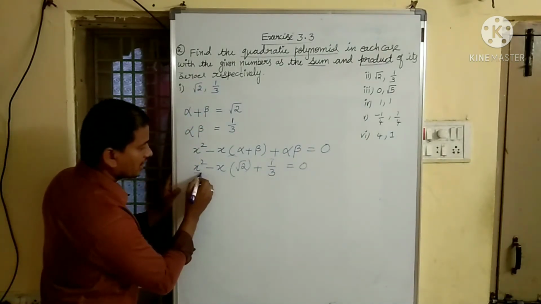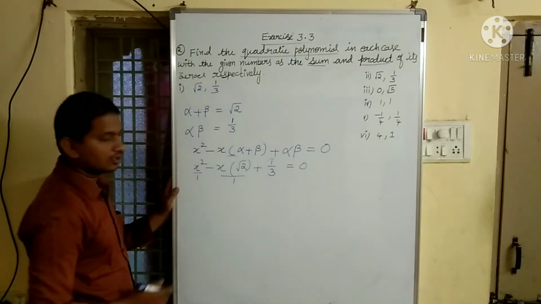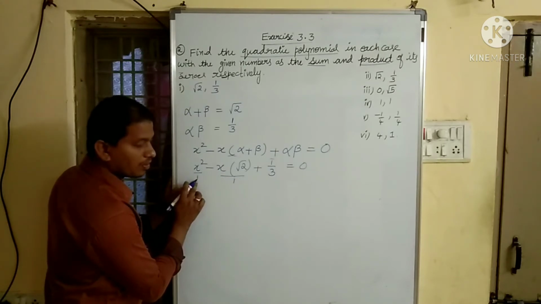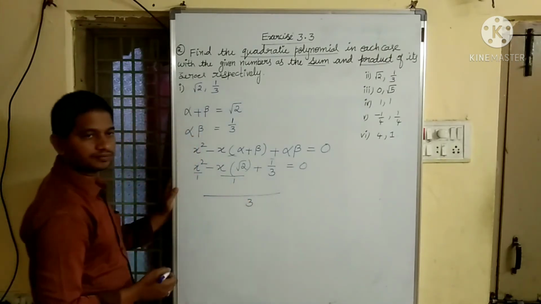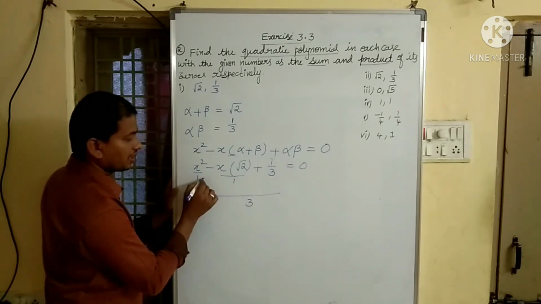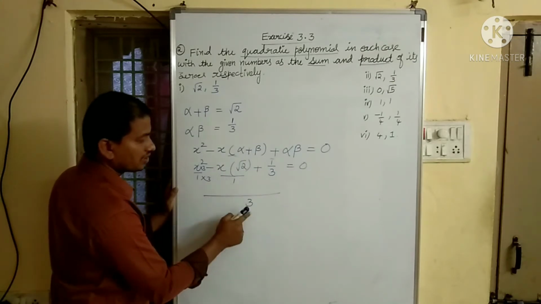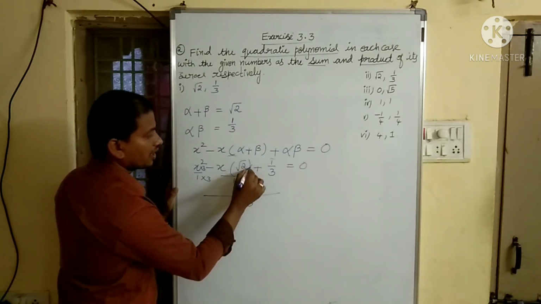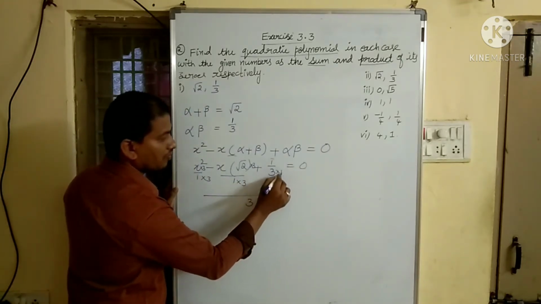Yes, students, here nothing means 1, here also 1, here 3 is there. So let us find the LCM of 1, 3, which is equal to 3. 1 threes are 3, 3 into 3; 1 threes are 3, 3 into 3; 3 ones are 3, 3 into 1.